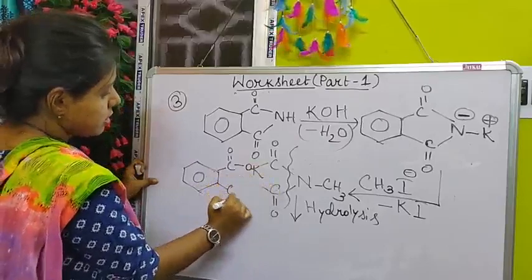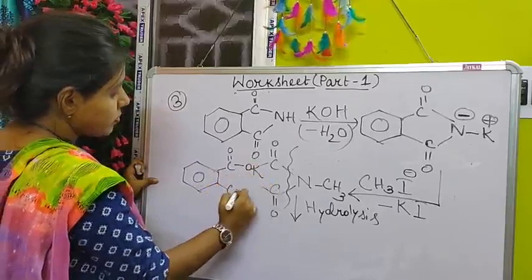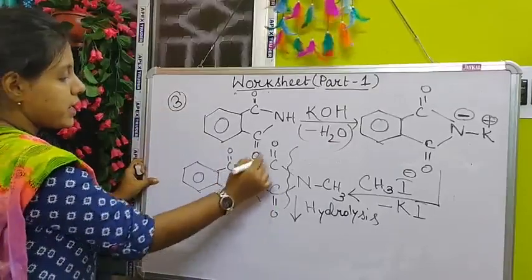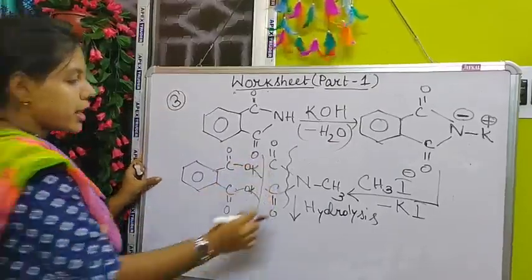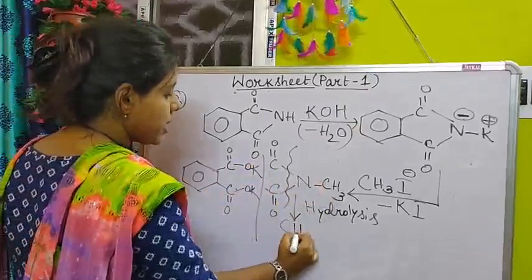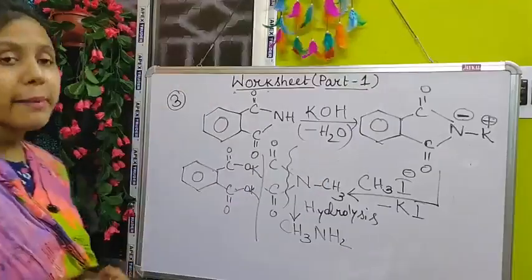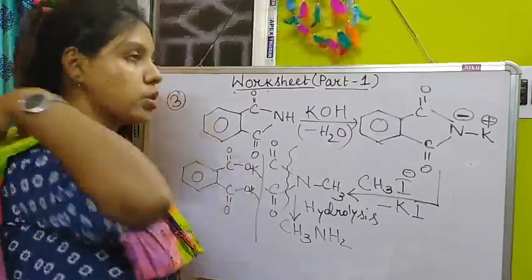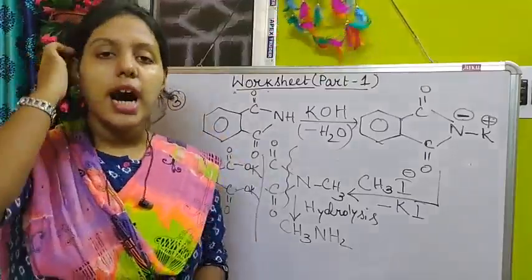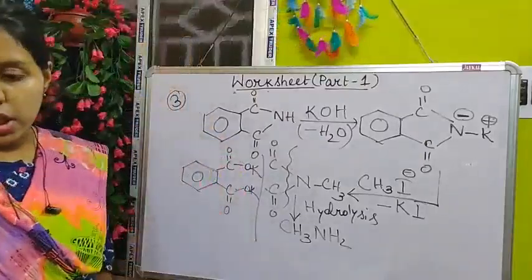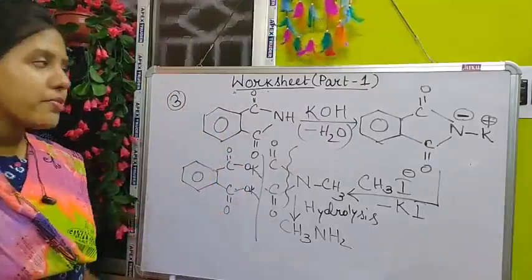Whatever salt you have taken, that will be this compound we will get here. Okay, after that this compound will be converted into CH3NH2, that means one amine compound we will get here. So this type of reaction we have learned under the preparation reactions of amine. Okay, primary amine.